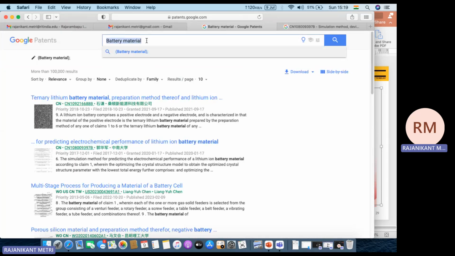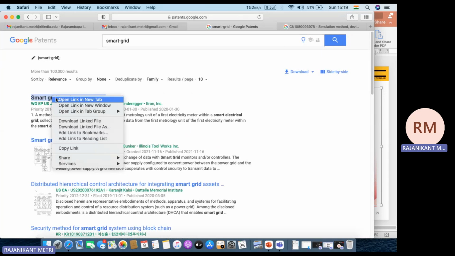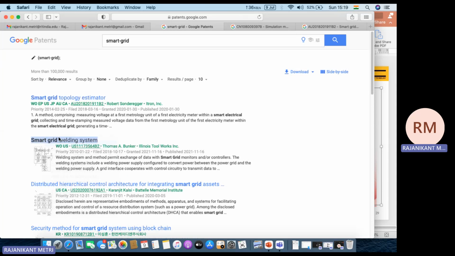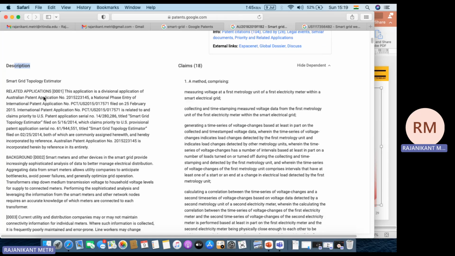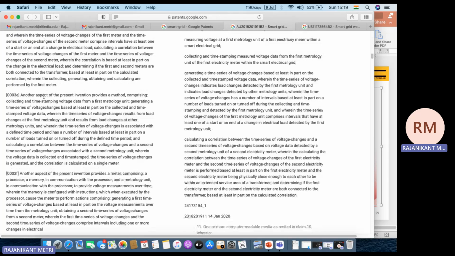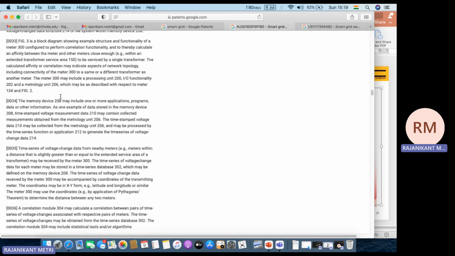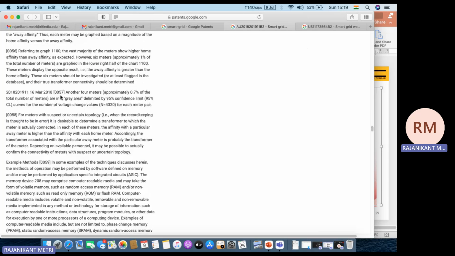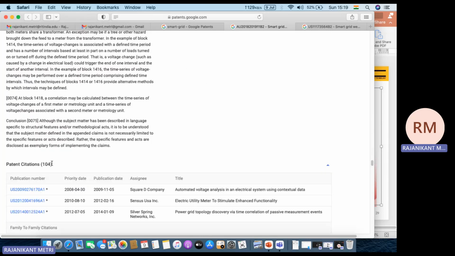Or if you search some other topic like smart grid building system, smart grid, different topology estimator, here is an abstract and then a description, detailed description, then patent citations.